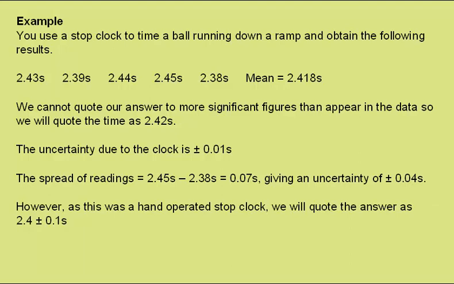However, in this case it was a hand-operated stop clock, so we will quote the answer as 2.4 plus or minus 0.1 seconds. The percentage uncertainty would be our uncertainty value, 0.1 seconds, over our quoted value of 2.4 seconds, multiplied by 100, giving a percentage uncertainty of plus or minus 4%.